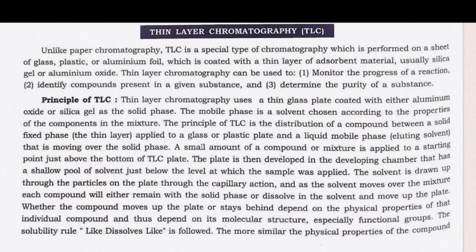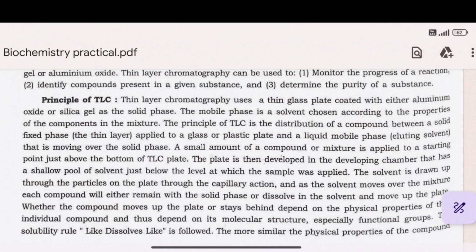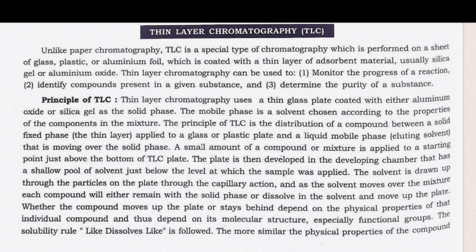Principle of TLC. Thin layer chromatography uses a thin glass plate coated with either aluminum oxide or silica gel as a solid phase. The mobile phase is a solvent chosen according to the properties of the components in the mixture.